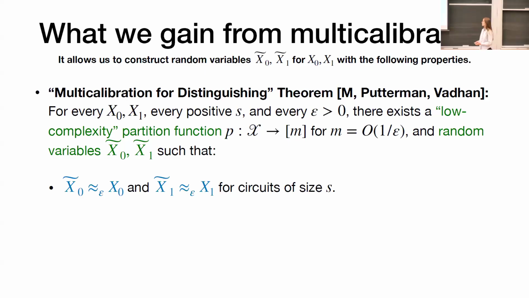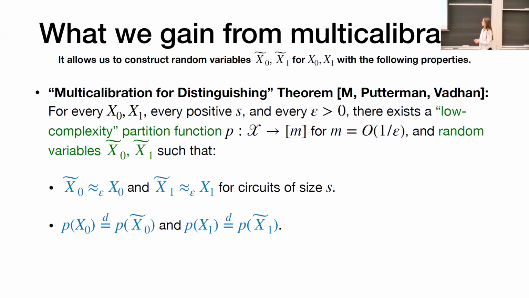satisfying the following. x0 tilde is epsilon indistinguishable from x0, and likewise for the 1 variables. If we look at the weight that x0 assigns to every part of this low complexity partition, it equals the weight that x0 tilde assigns to every part of the partition.